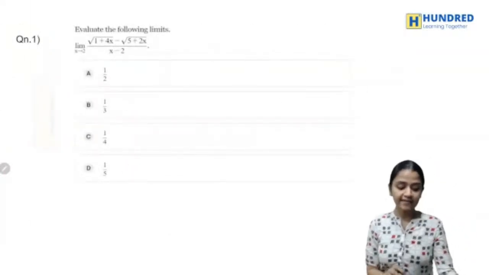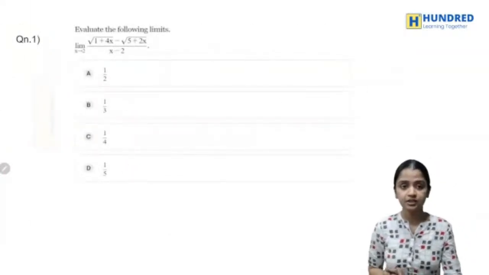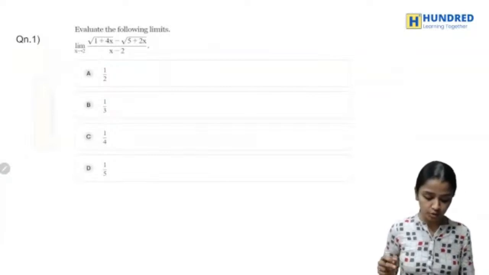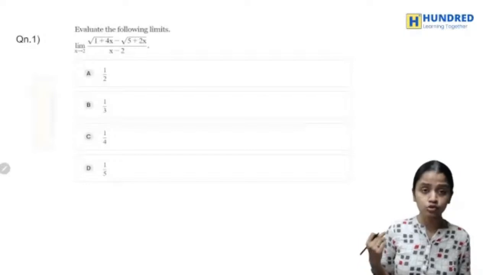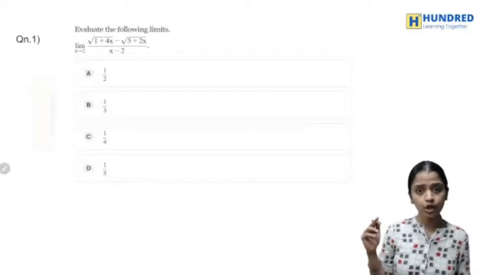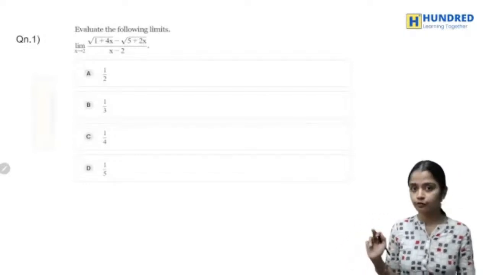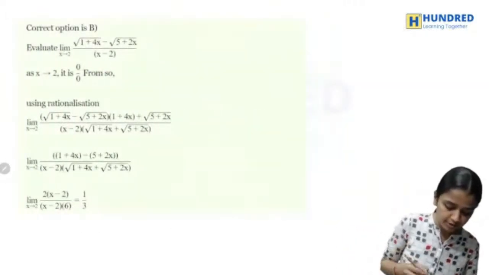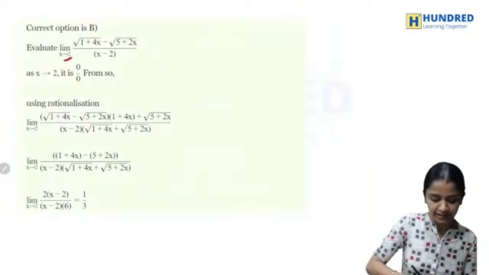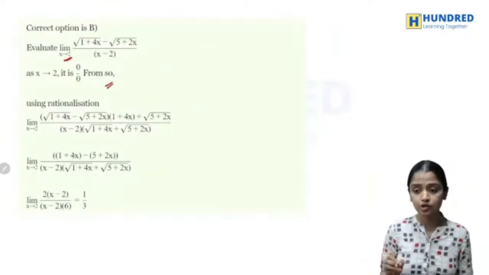Evaluate the following questions. Now we have 4 options here. Limit x tends to 2, root of 1 plus 4x minus root of 5 plus 2x, divided by x minus 2. When I substitute 2 here, it will be of 0 by 0 form, right?